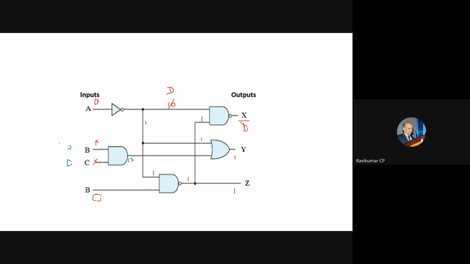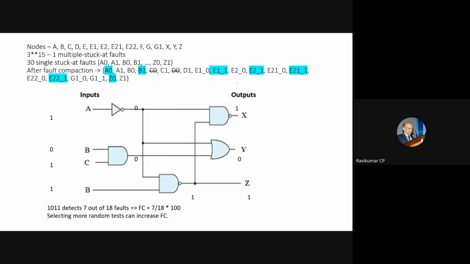Yeah. Okay. So yes, 0 0, if I put, I am getting a 0 here. And if this were to get stuck at 0, it will change. So that means E21 stuck at 0 will also be caught. I think this is also caught.